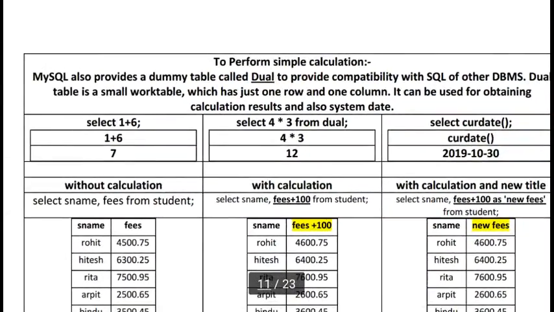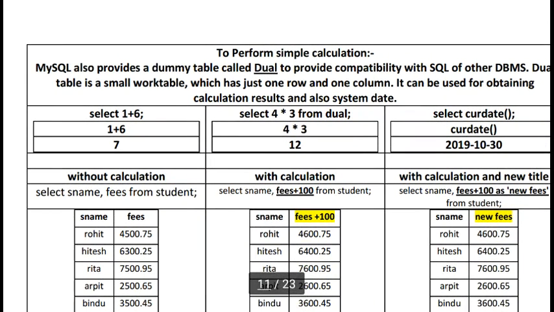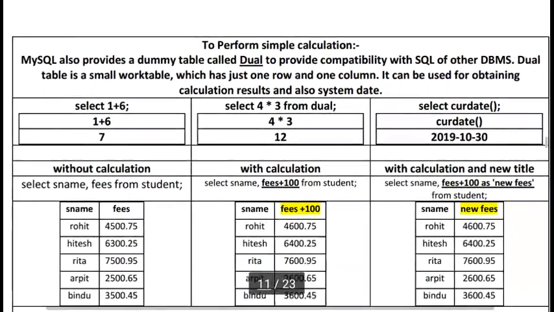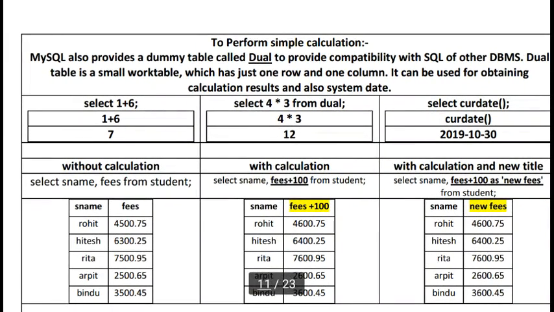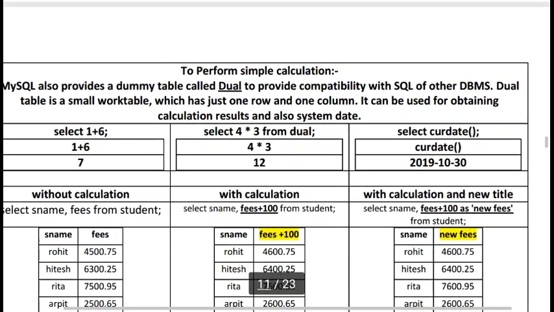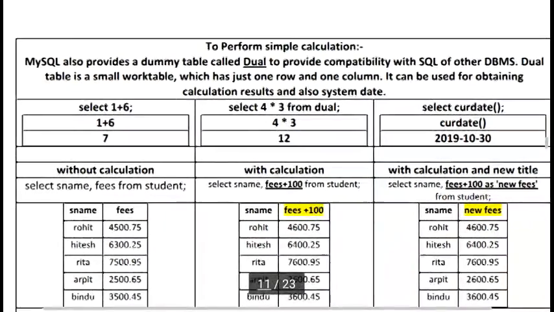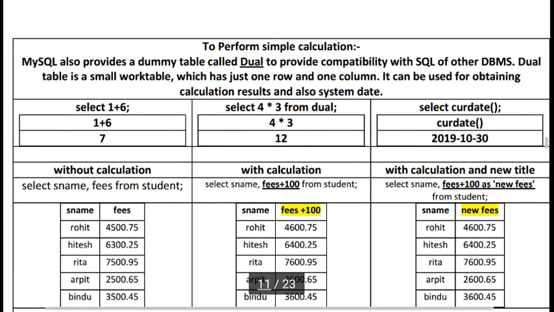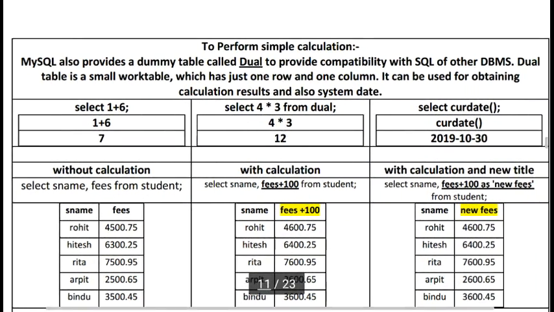To perform simple calculations, MySQL also provides a dummy table called dual, to provide compatibility with SQL of other DBMS. The dual table is a small work table which has just one row and one column.